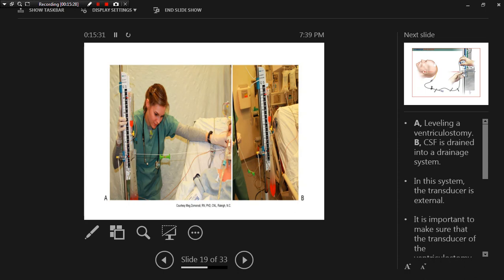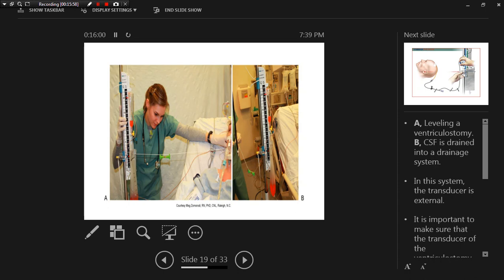We do that at the start of shift and with any really grand position changes where we think the numbers might be off and might not be accurate. But with a ventriculostomy system, we don't calibrate or zero to the level of the heart or the atrium or the phlebostatic axis. We do it to the tragus of the ear. So we do it at the level of the brain. Okay. So when we zero it to air and calibrate the system, we do it to the tragus.